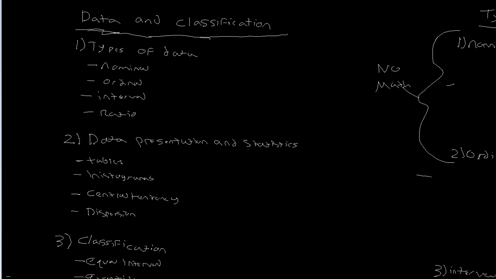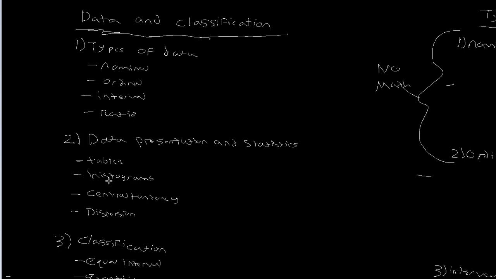And in this lecture video, I want to continue our discussion on data and classification by talking about data presentation. In specific, we're going to talk about the tabular view of raw data, and we're going to talk about histograms, because these are probably the two most common ways that we're going to visualize data when we're talking about creating classifications.